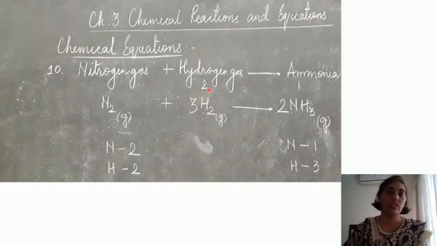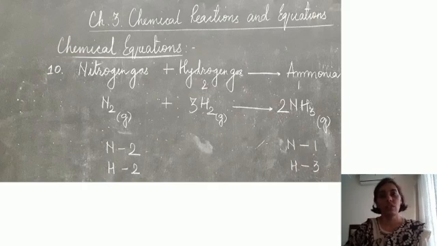So the second step in balancing will be hydrogen, and we will write the coefficient 3. Now you have the same number of atoms on both sides. Nitrogen is 2 here, 2 here also, and 6 hydrogen here, also 6 hydrogen. So this is about the balancing of this equation.